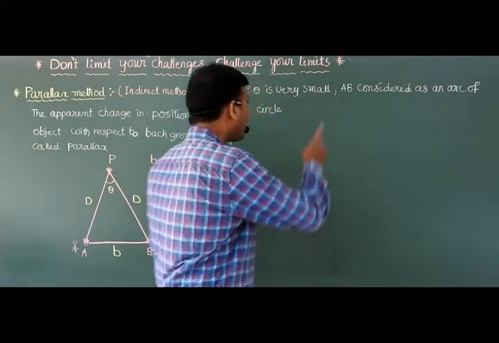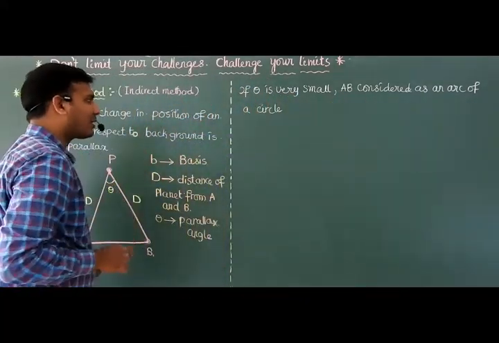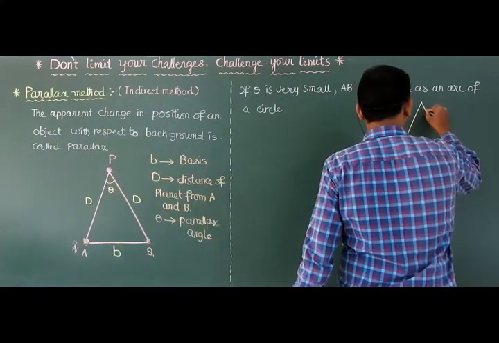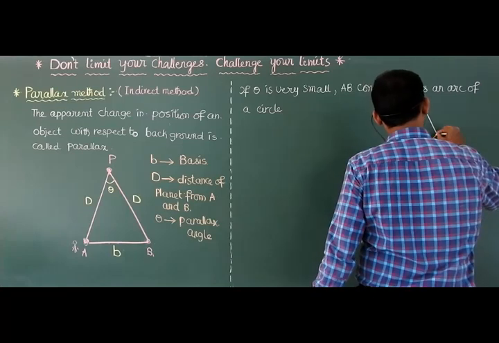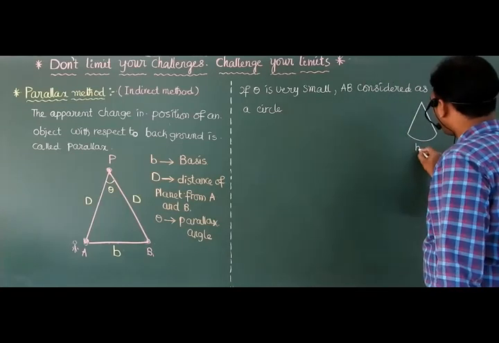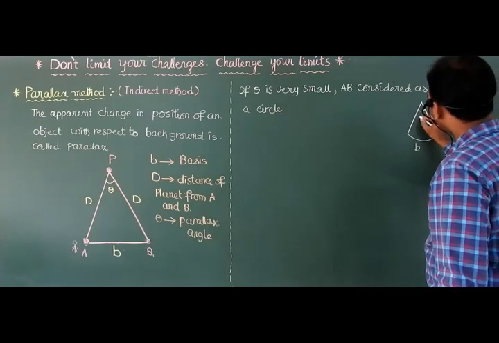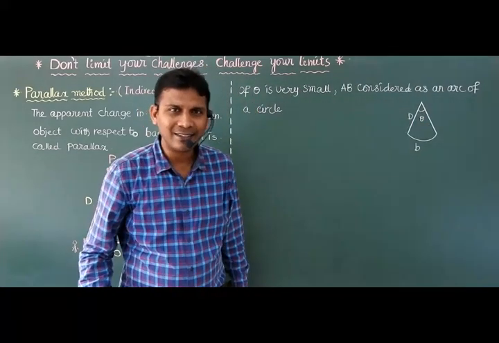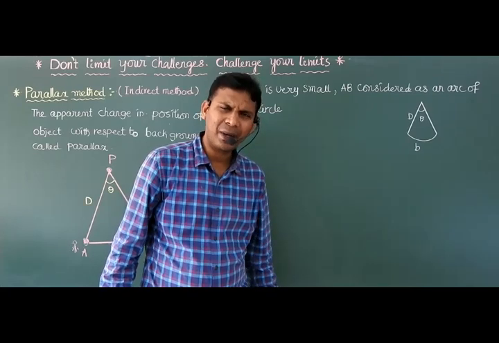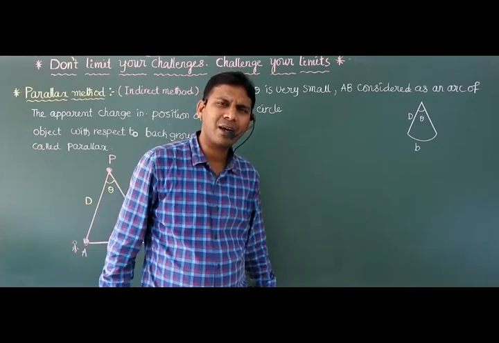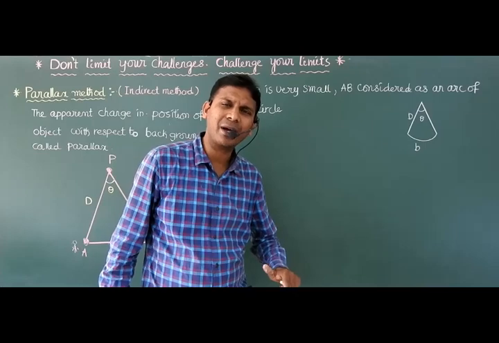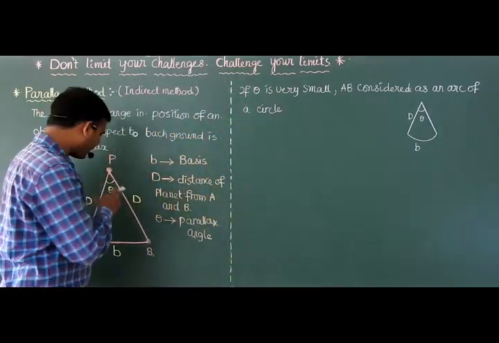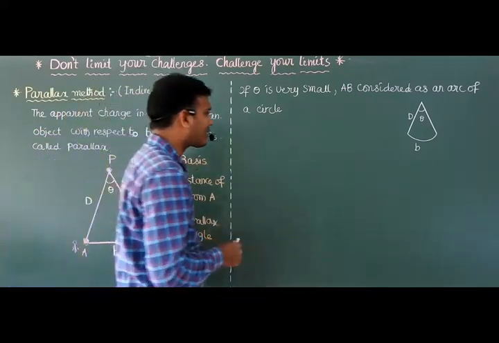So if you consider AB as the length of an arc of a circle, now we can easily find it. This is B, this is theta, this is D. What is theta actually? Plane angle formula: length of an arc divided by radius. Now this D becomes the radius of the circle and this P becomes the center of the circle.